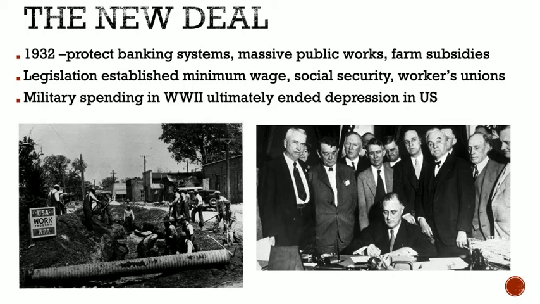Farmers are given money so they can grow food. Legislation is establishing a minimum wage. Social Security, right? When you have Social Security, older people can retire and still have some money, freeing up jobs for younger workers, right? Workers' unions were getting protection. And then during World War II, you see a lot of increase in military spending, which ultimately ended the Depression.